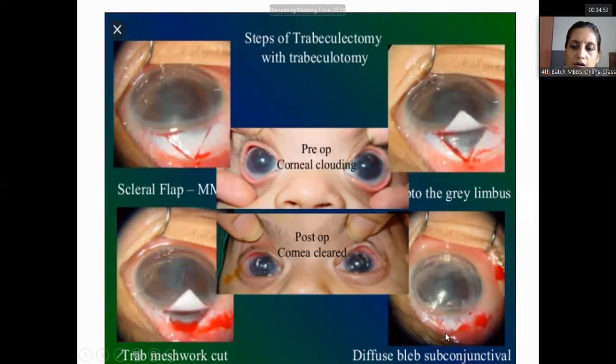A bleb is just balloon-like. You will see the structure after suturing the conjunctiva. So it's just a bypass channel. An opening is made at the trabecular meshwork, and a bypass method is done for the drainage of the aqueous. You will see the cornea is quite clear over here than over here.